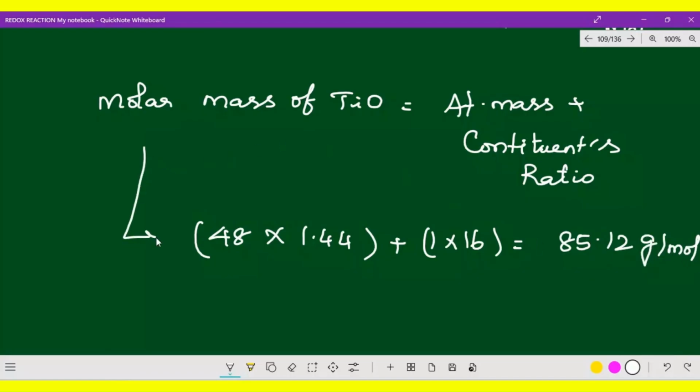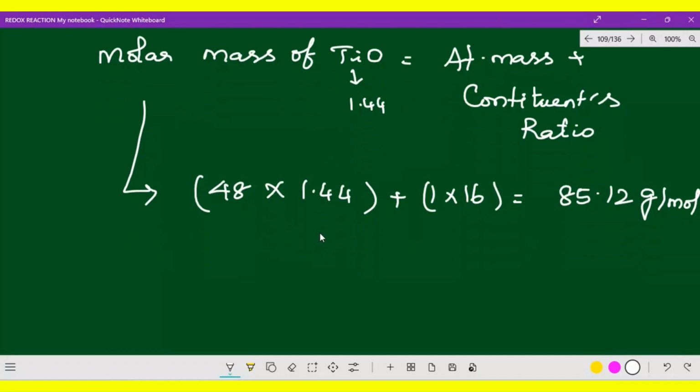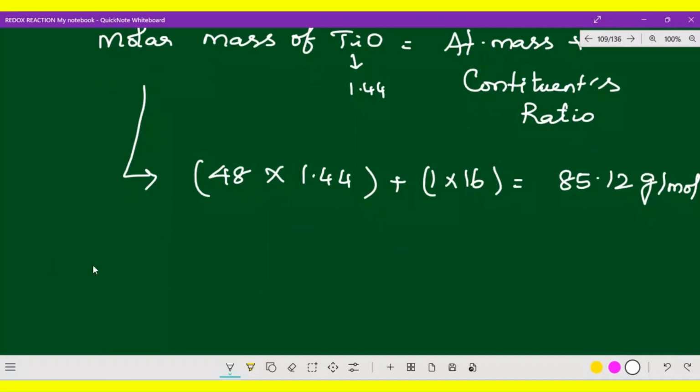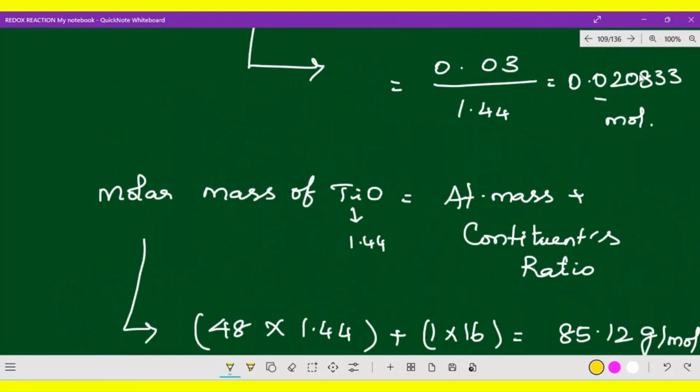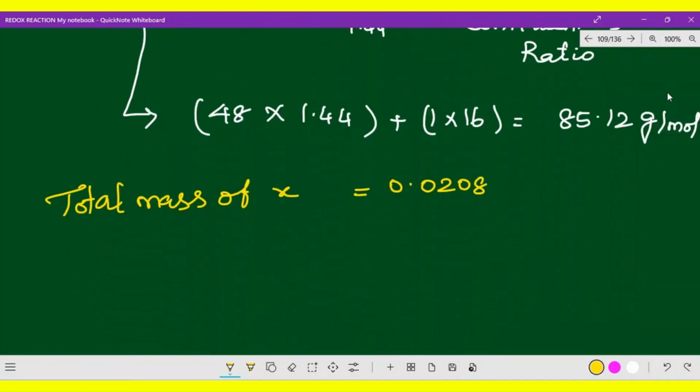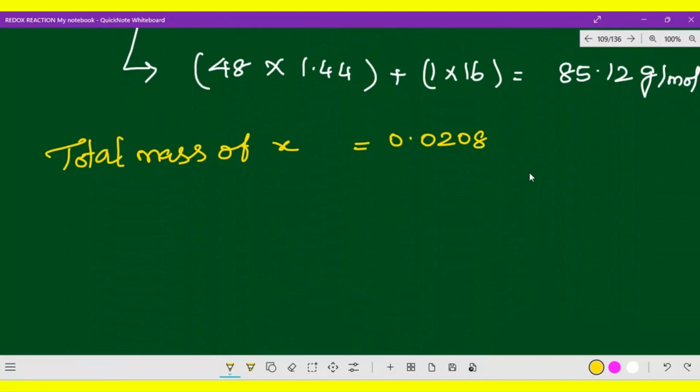So according to this, titanium atomic mass is multiplied by the 1.44 they have given. Now the molar mass we found. Now the total mass of X is 0.0208 mole, considering only 4 numbers, into 85.12 gram per mole.